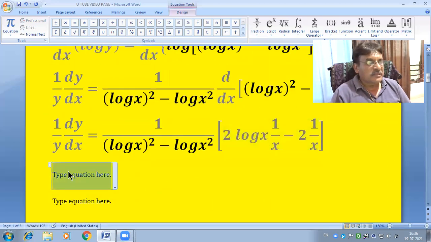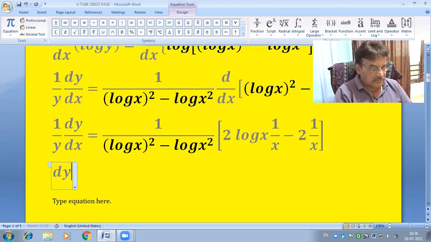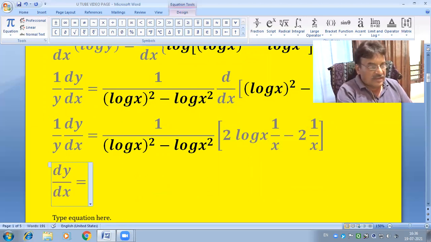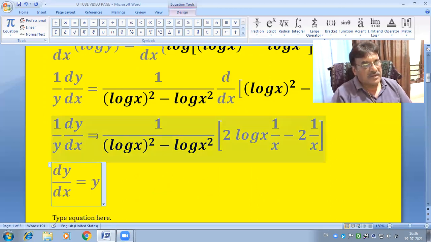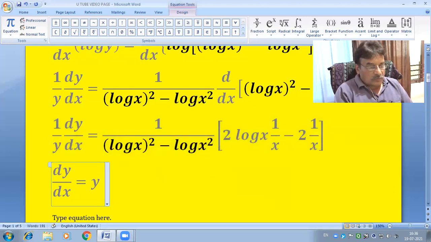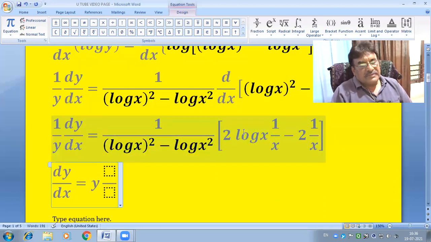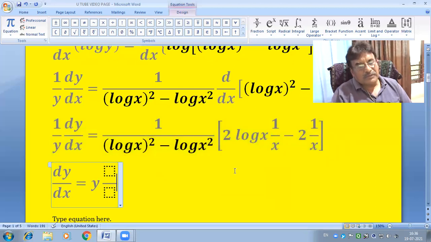Therefore, here dy by dx is equal to y into this function. So right here y into, first we write here the numerator, 1 into these functions. From this, 2 by x take common, and in bracket log x minus 1.